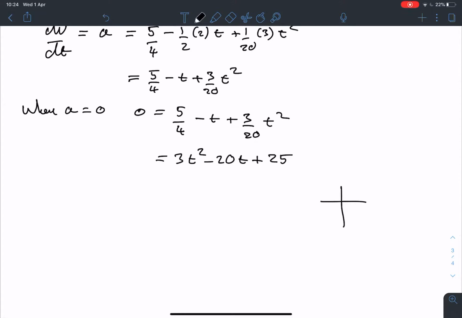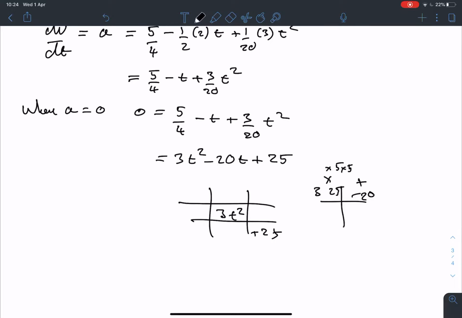That looks like it'll factorise, so we can just use our grid quickly. 3t squared plus 25, so numbers that multiply to give 3 times 25 and add to give negative 20. Think of the 25 as 5 times 5, so that looks like 15, and 5 could be used to give the minus 20, and they must be negative, so we get negative 15t minus 5t.